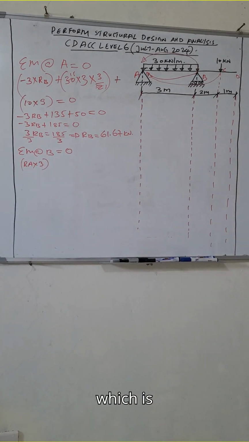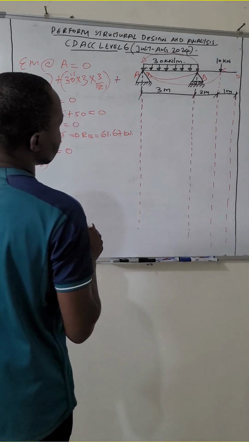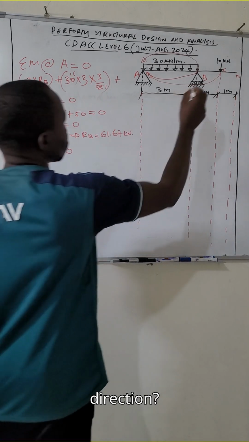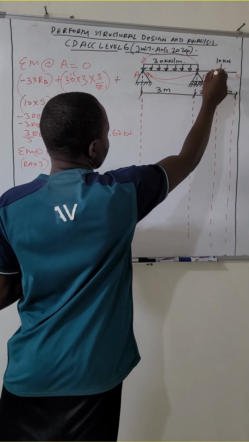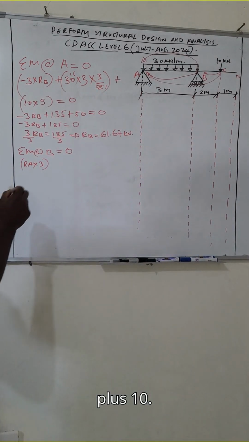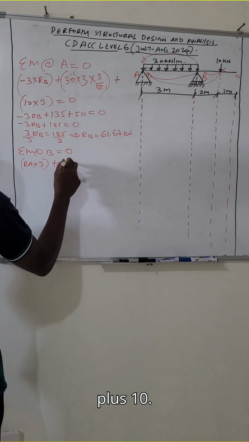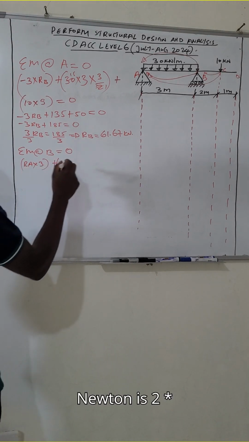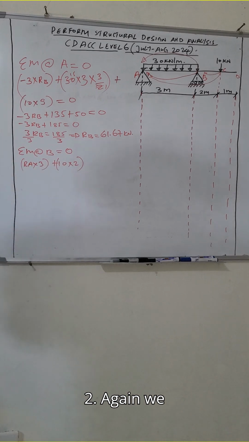The force closest to B is the 10 kilonewton. In which direction? That is the clockwise direction, so plus 10. The distance from B to the 10 kilonewton force is 2, times 2.